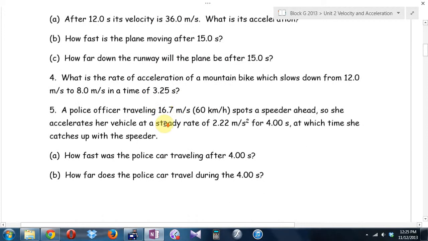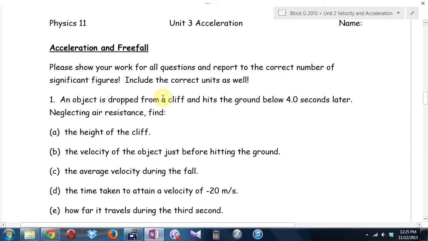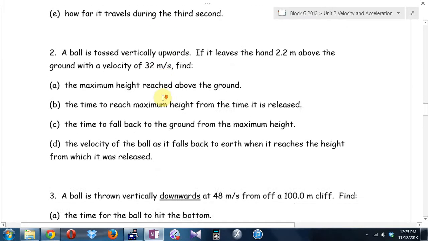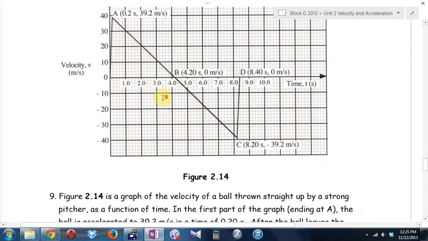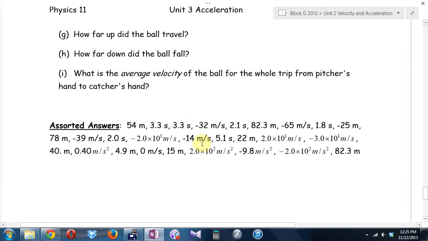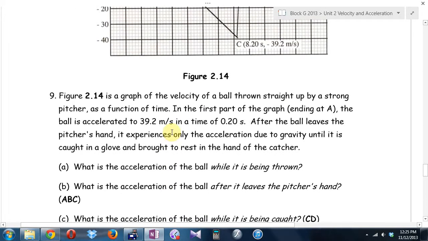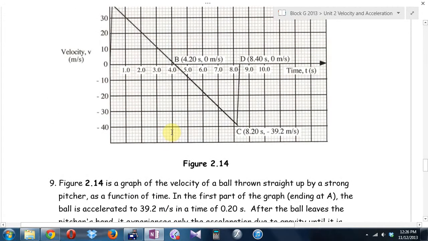So part of the homework today that you're going to work on is then the back page, acceleration and free fall. And again, for this here, I did do scrambled answers along the bottom here. Some of these are tricky, especially this graph question. I'll probably talk quite a bit about number 9.